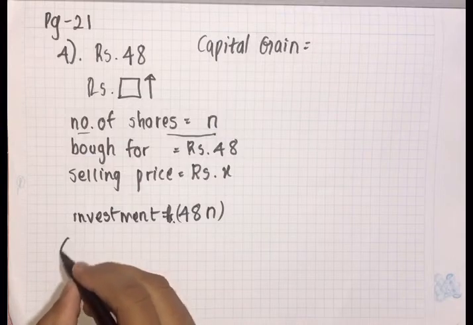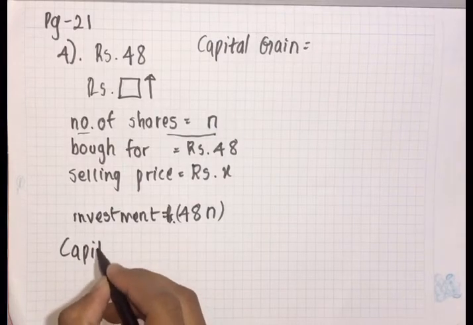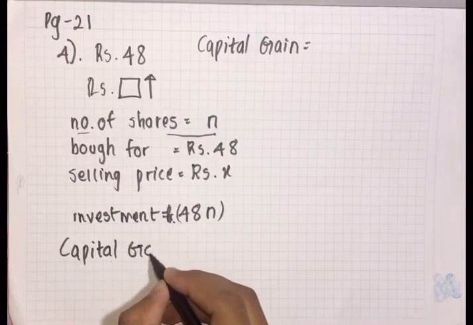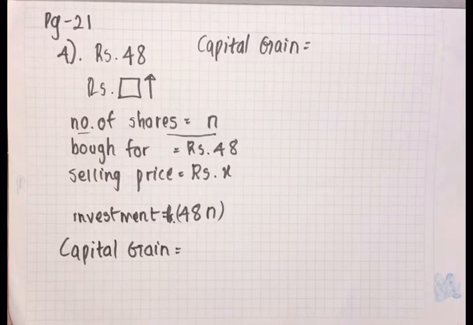Now they are saying something very important here: capital gain. What have they said in the question? He is selling it for an amount where his capital gain upon selling the shares will be 30% of his investment.